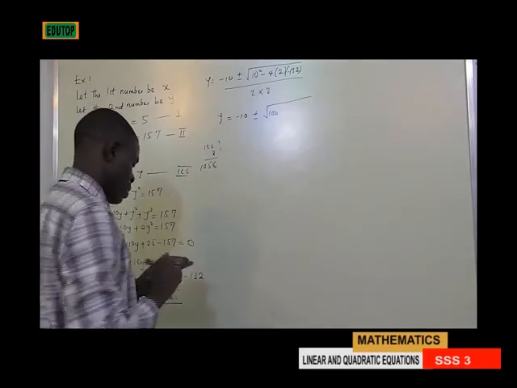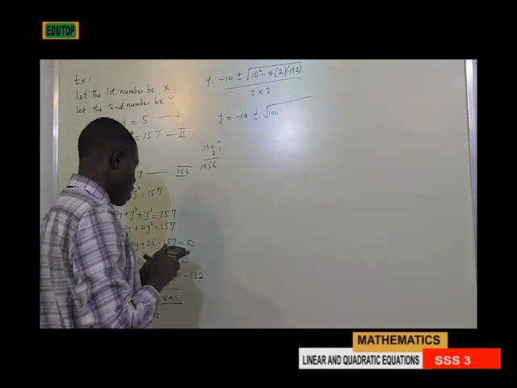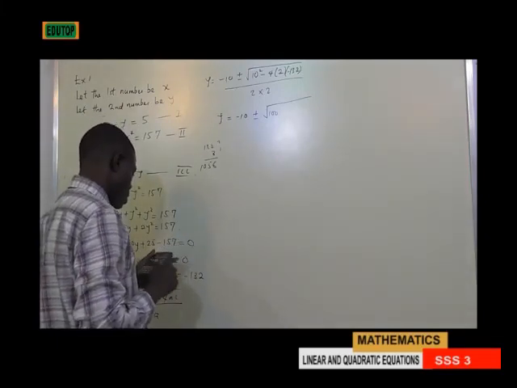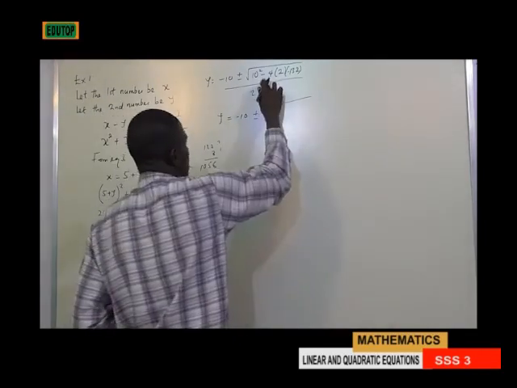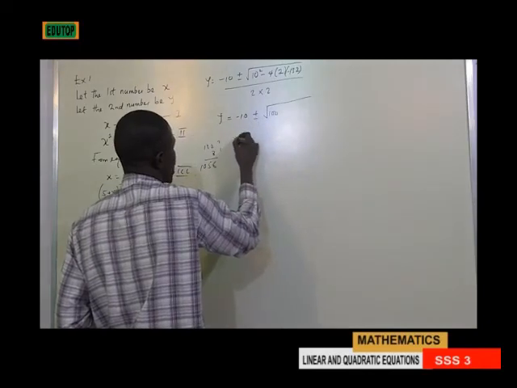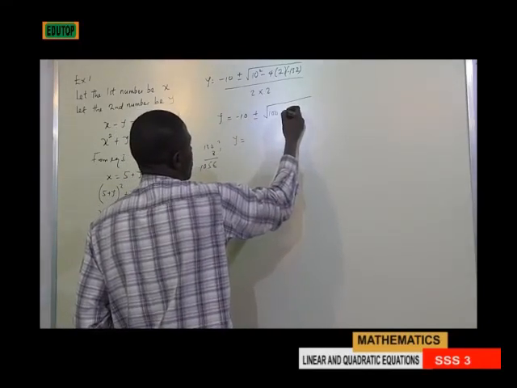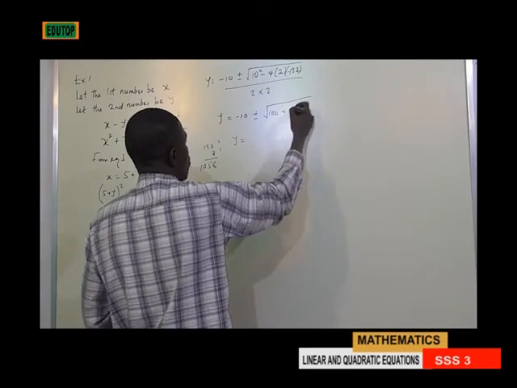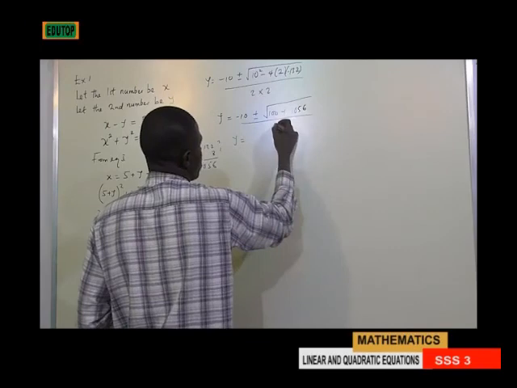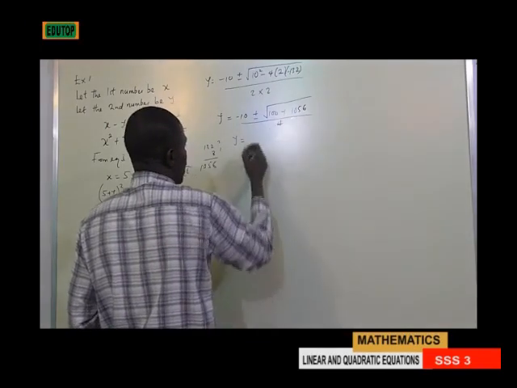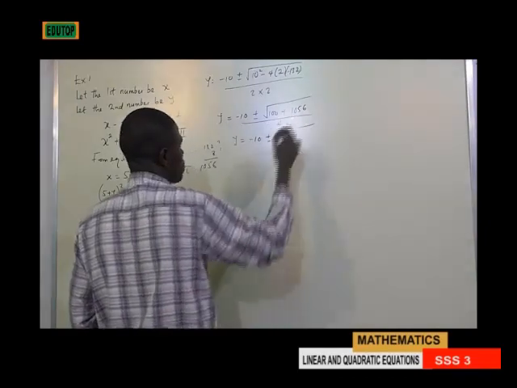Let's confirm that: 132 times 8 gives 1056. Remember, there is a minus here. Minus times minus is plus, so I can put this as plus 1056. And 2 times 2 gives 4. So now I have minus 10 plus or minus the square root of this plus this.